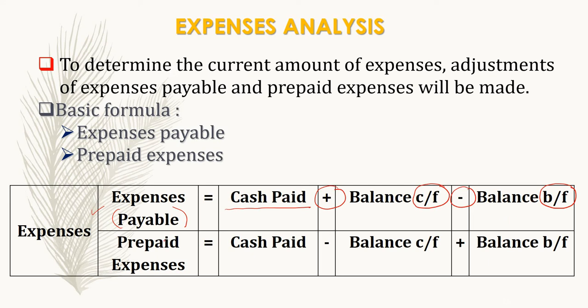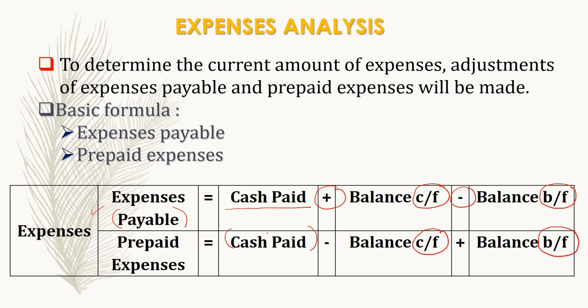And if you are given a prepaid expense, in order to find the current expenses, you need to take the cash paid in the cash book, and then minus the ending balance for the prepaid expenses, and add the beginning balance for the prepaid expenses.